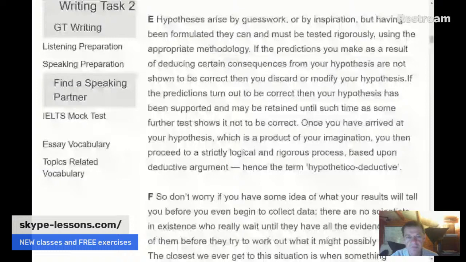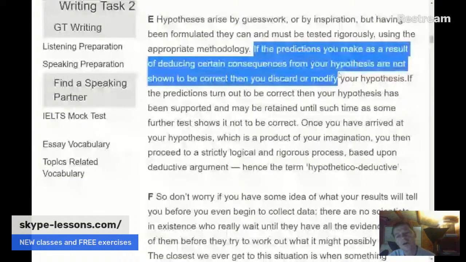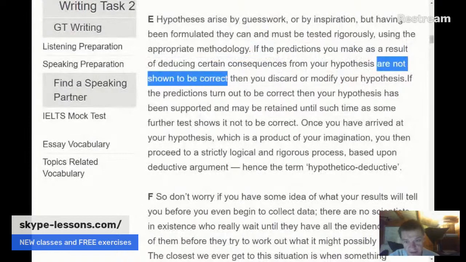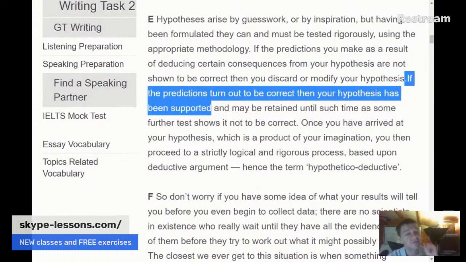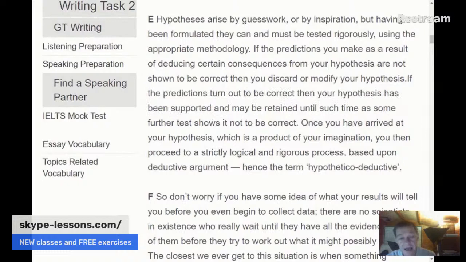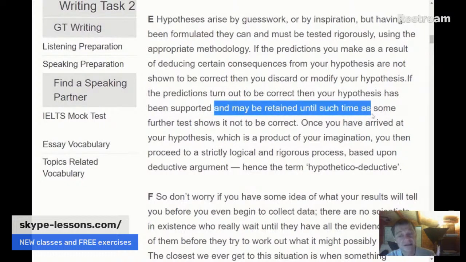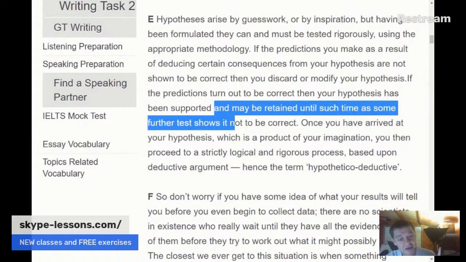If the predictions you make as a result of deducing certain consequences from your hypothesis are not shown to be correct, then you discard or modify the hypothesis. If the predictions turn out to be correct, then your hypothesis has been supported. It doesn't say your hypothesis is true. It says your hypothesis has been supported for the meanwhile and may be retained until such time as further test shows it not to be correct.